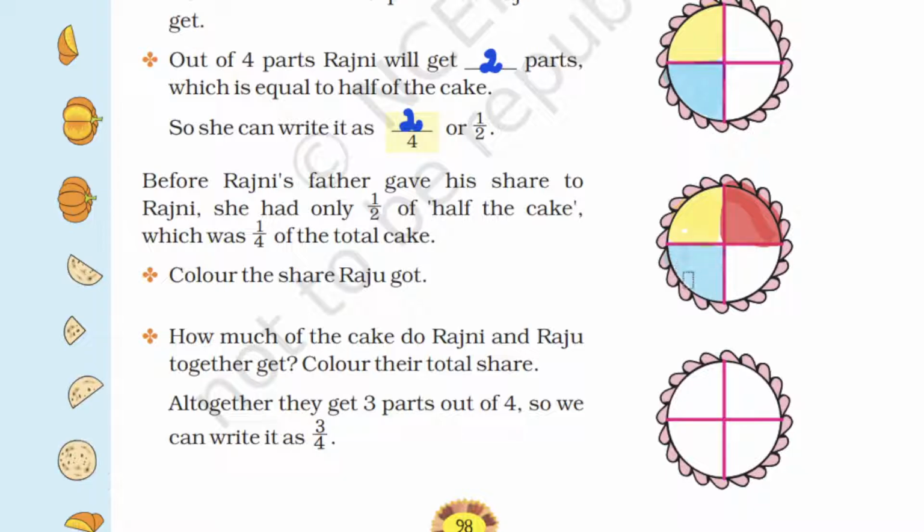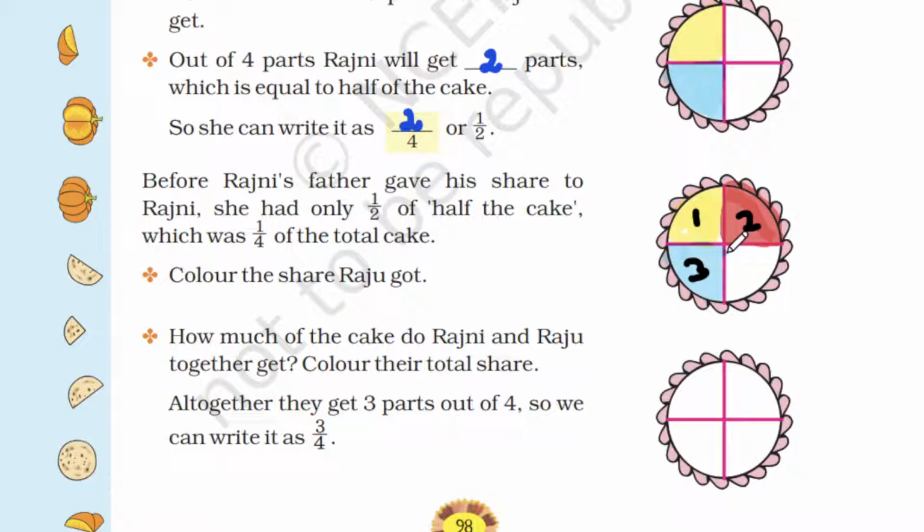Now they both are having 3 by 4 parts. So 1, 2, 3. 3 parts they are having. Let me mark in black color. This one is Ranjini's part, this one is Raju's part, and this part is father's part, but he gave it to Ranjini. So 3 parts.